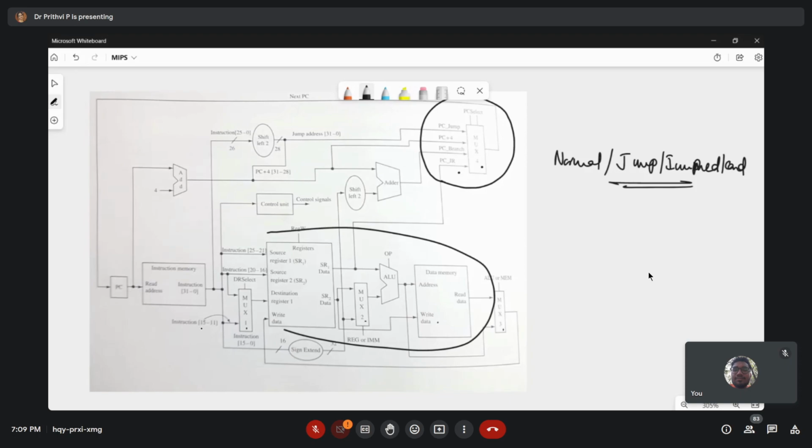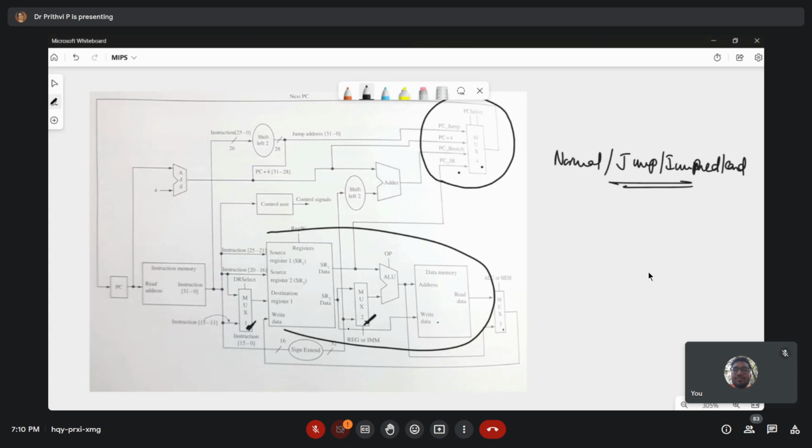See here, the first mux is selecting the destination register. Okay, the second mux will be this one. The second mux selects where the data given to the ALU comes from.